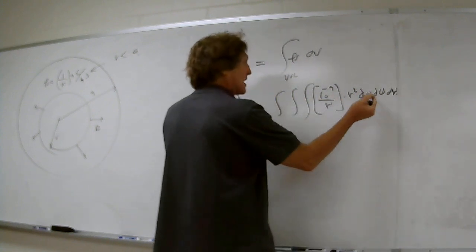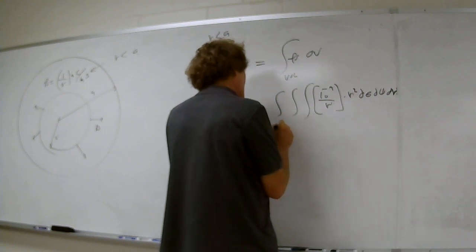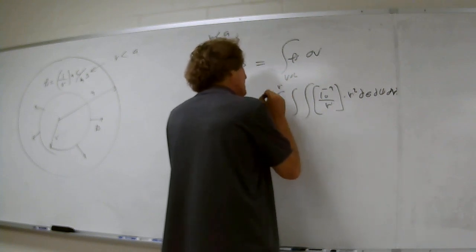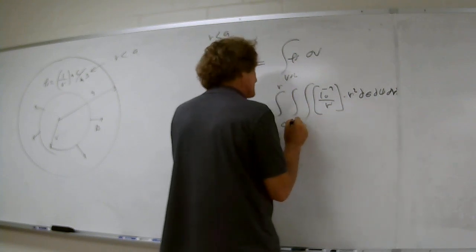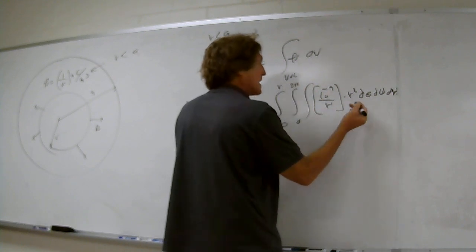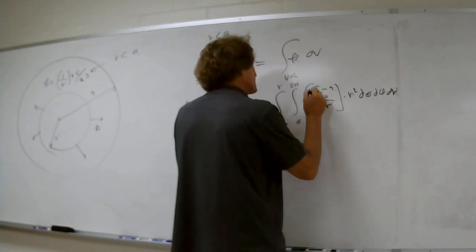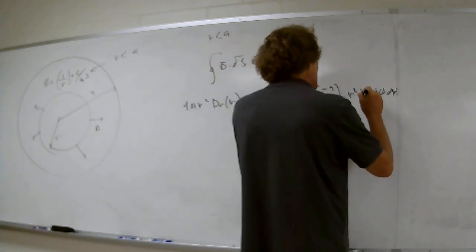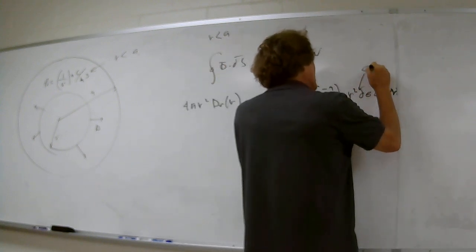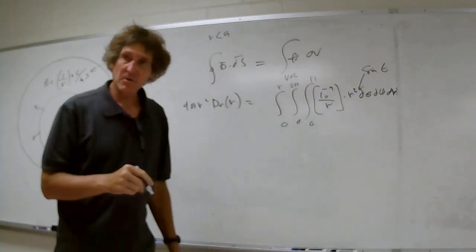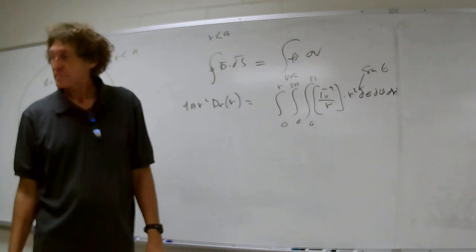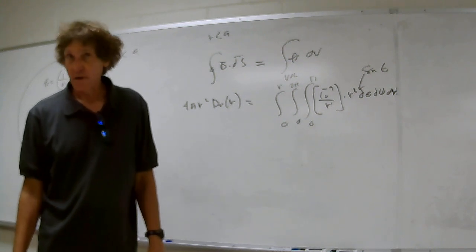And here, r will go from 0 to r. Phi goes from 0 to 2 pi, and theta goes from 0 to pi. And there's a sine theta I've forgotten here. There's a sine theta that should be there, I'm sorry. Y'all agree with that? You all with me? Yep.